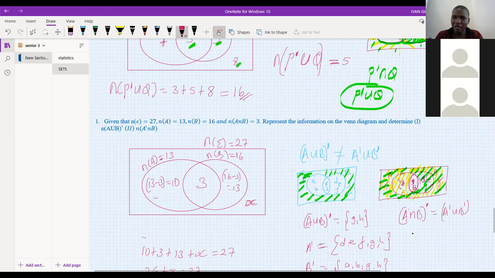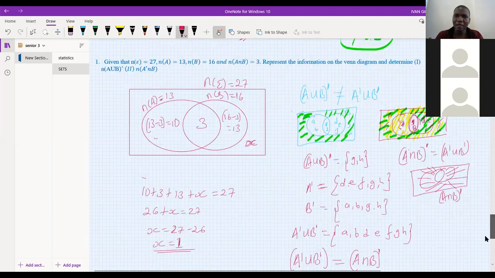Okay. Because if you have two sets like this, and they ask you to shade the region A intersection B complement, which region will you shade? Of course, you shade everything but leave the center. And you notice that even here we've shaded everything and left only the center. So A intersection B complement is the same as A complement union B complement.